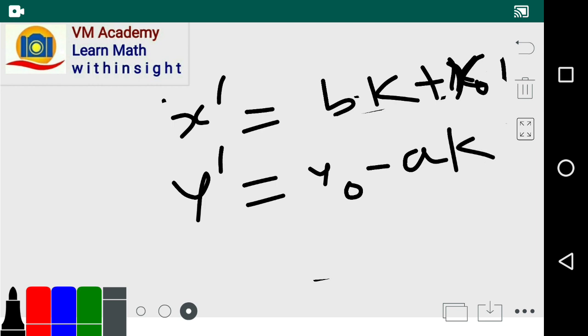Thus we get the integral solution where k is an integer, friends.